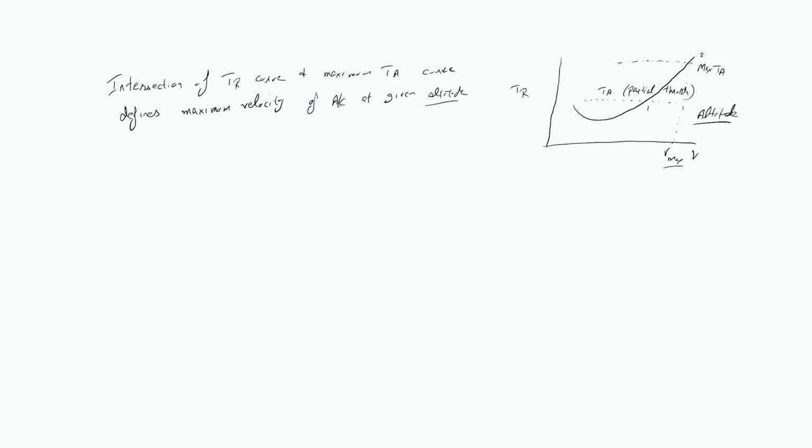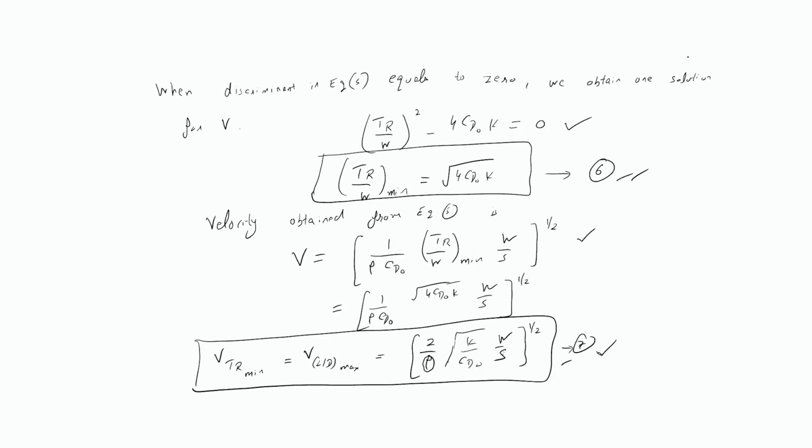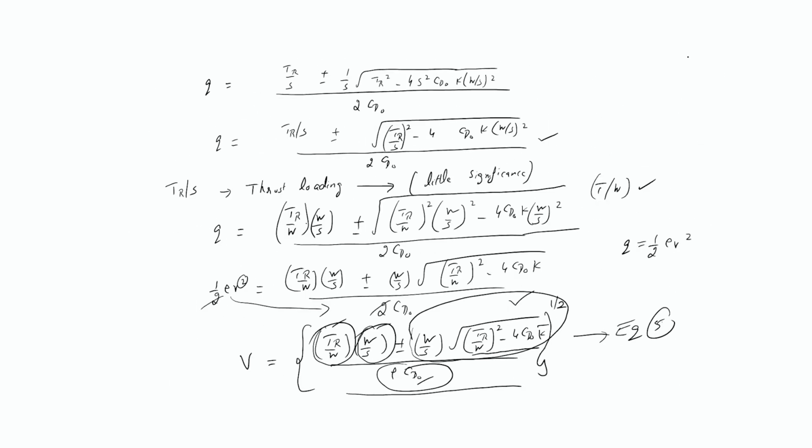Now analytically we can find this maximum velocity by replacing thrust required with maximum thrust available. Remember this was the equation that we obtained for velocity where we had plus or minus. If we remove the minus sign, we only have the plus sign, and replace the thrust required with maximum thrust available, then this equation will be applicable for maximum velocity.